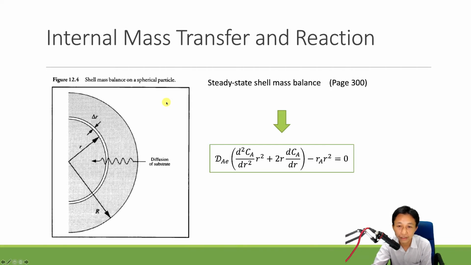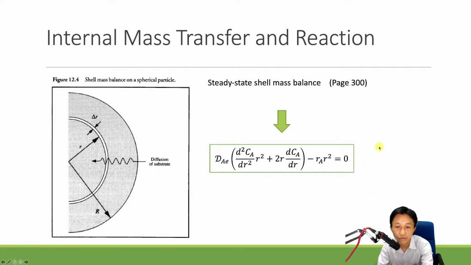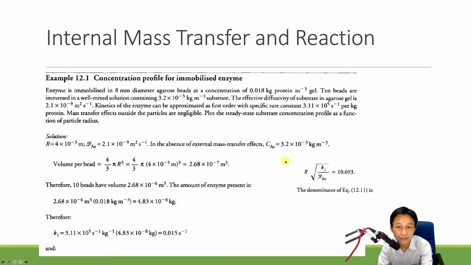The kinetics of the enzyme can be approximated as first order, with this K constant. Mass transfer effects outside of the particle are negligible. Then we need to plot the profile as a function of the particle radius.